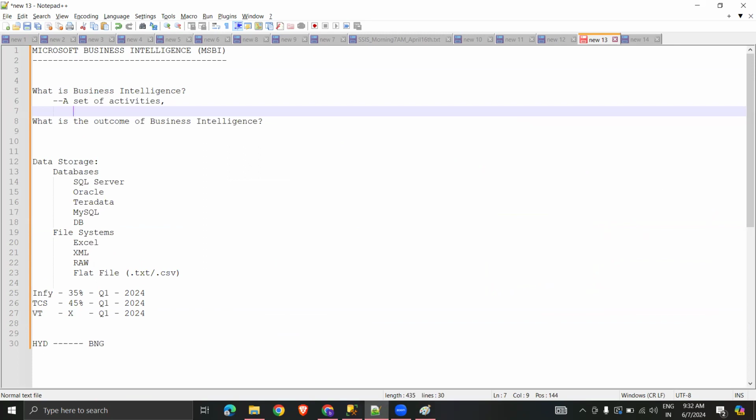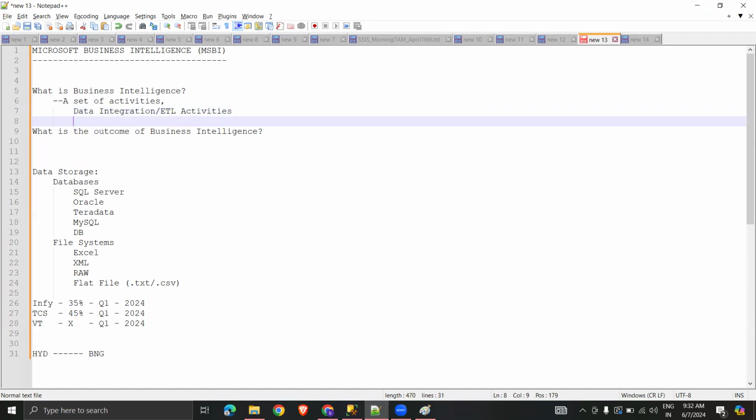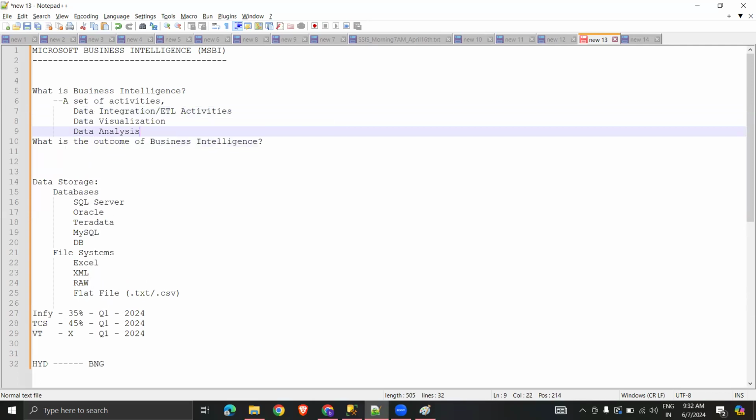Number one, data integration or else ETL activities. Number two, data visualization. And third one is data analysis by using a multi-dimensional model or tabular models, right?